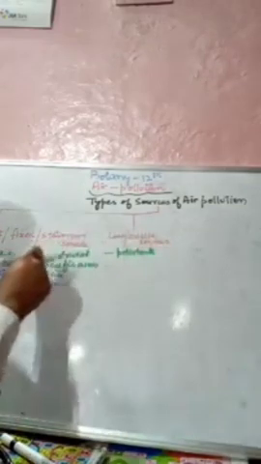Point and fixed sources add pollutants to restricted or specific areas, whereas in this case they add pollutants along narrow belts over long distances.